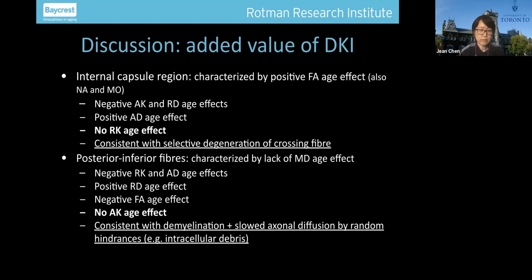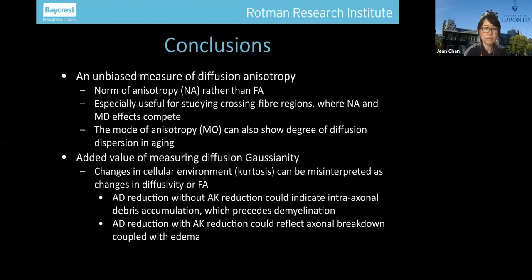The interesting thing about that is this happens before demyelination. So the accumulation of debris can happen earlier than demyelination. And if that is shown in our data, it can also be observed in other data sets and can be an earlier indicator of age-related degeneration.